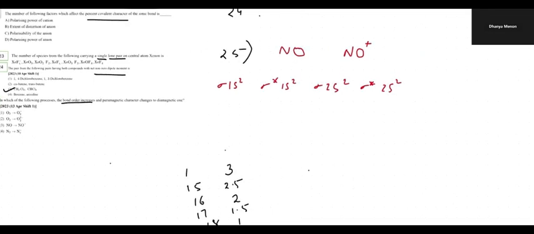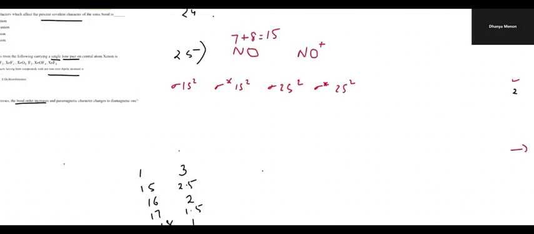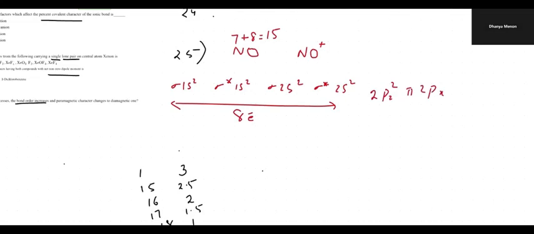Nitrogen is 7 plus 8 electrons, that is 15 electrons. So it follows the more than 14 electron configuration. So this is 8 electrons. Okay, then I have 2pz2, pi 2px2, pi 2py2, so 8, 9, 10, 11, 12, 13, 14.